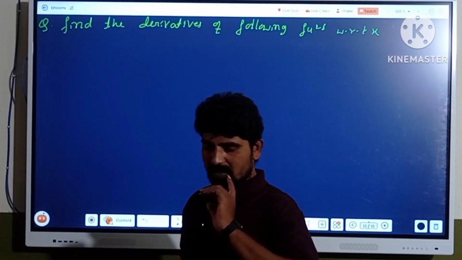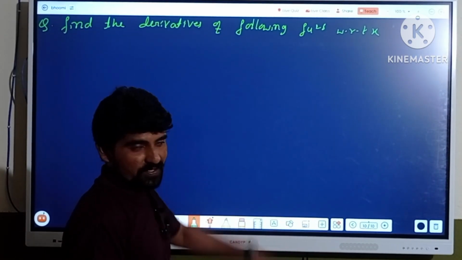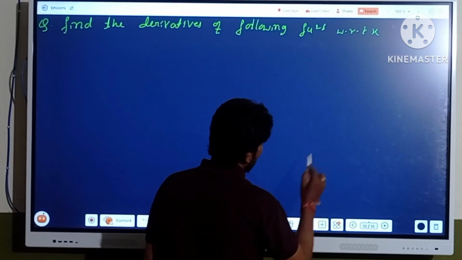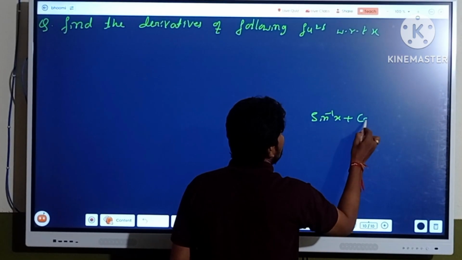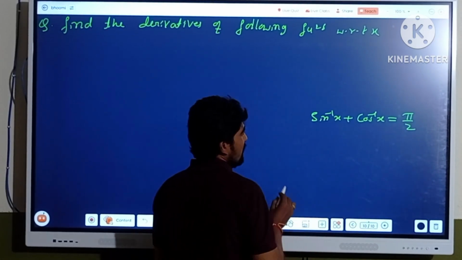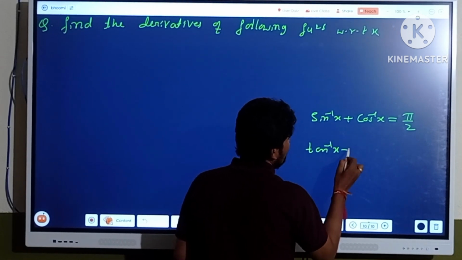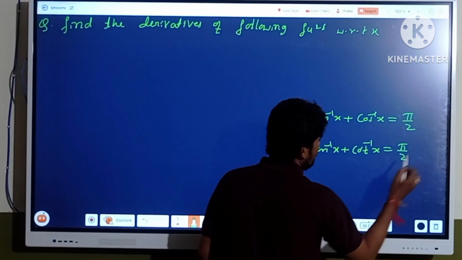Now some three properties are required to solve the derivatives of inverse trigonometric functions. So you need to note that also. The first property is sin inverse x plus cos inverse x is equals to pi by 2. And the second one is tan inverse x plus cot inverse x is equals to pi by 2.